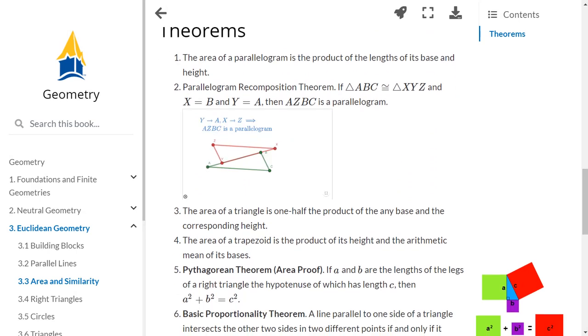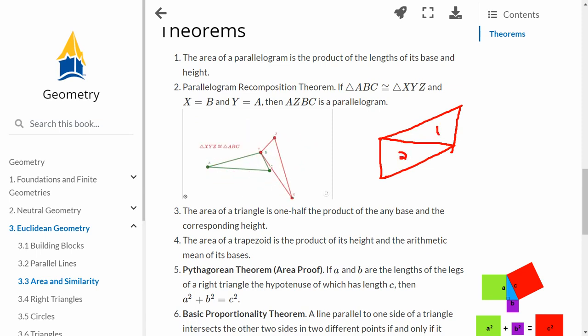One very important one here is the parallelogram recomposition theorem. What do I mean by that? Well, we had a parallelogram decomposition theorem, and we said that if we have a parallelogram and we draw either of its diagonals, then that leads to two congruent triangles.